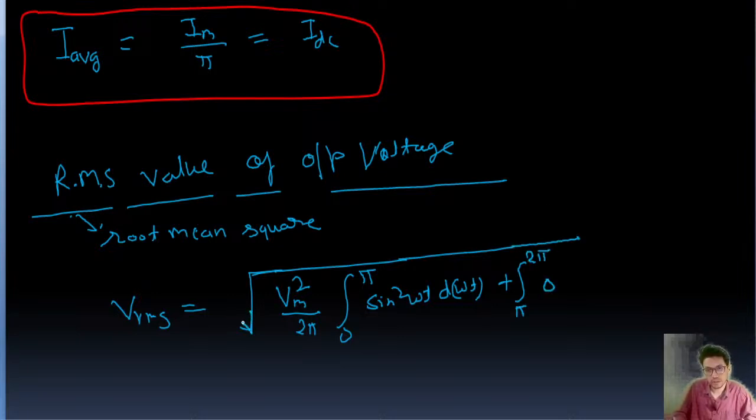This is the VRMS, because we know VRMS equals root of V square, right?